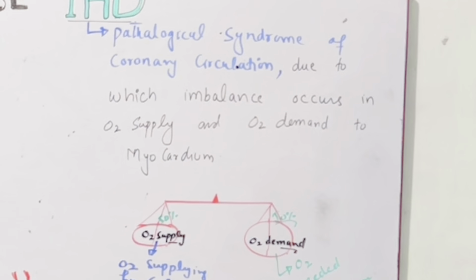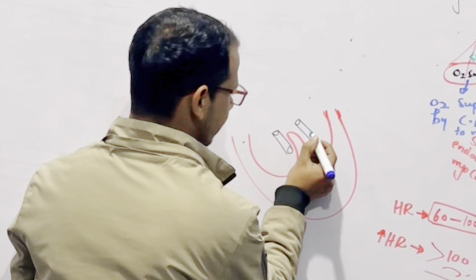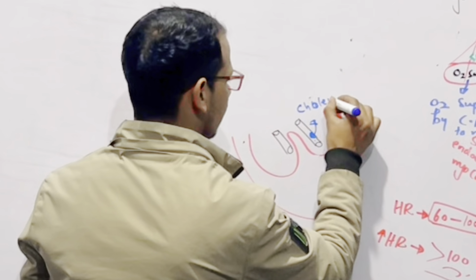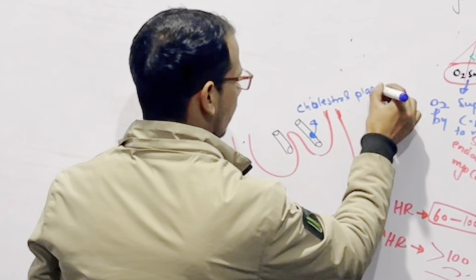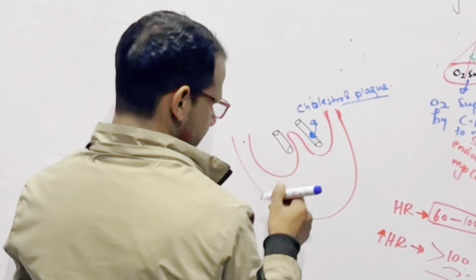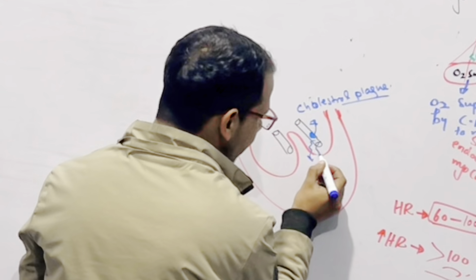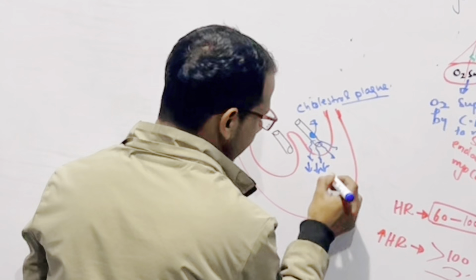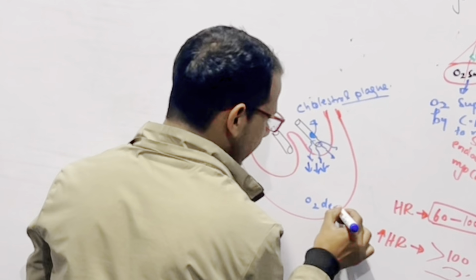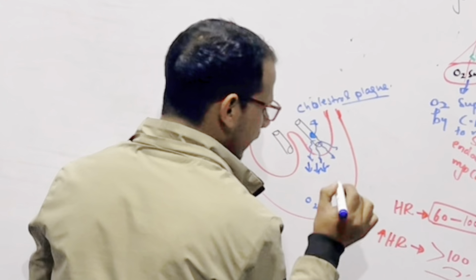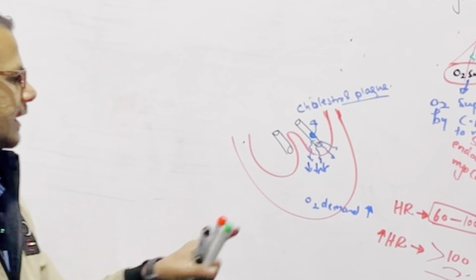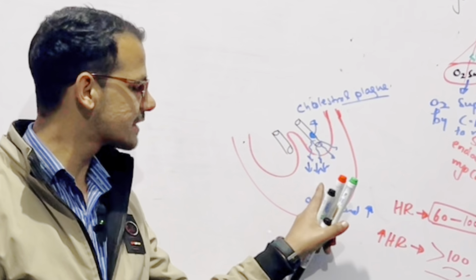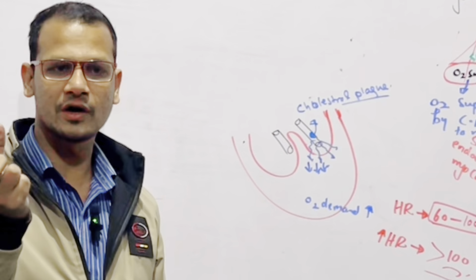Due to this block, oxygen supply to the heart muscle decreases and oxygen demand increases, and these muscles will not work properly.